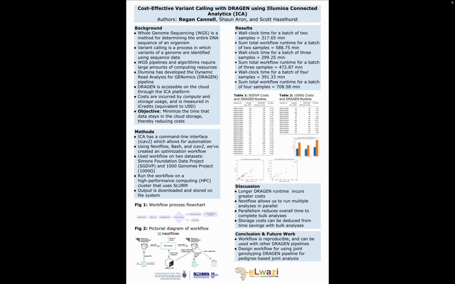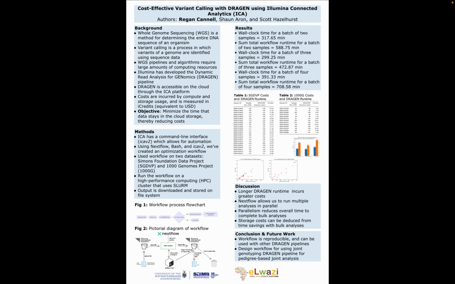And so we see from our table and graph that the relationship between the DRAGEN runtime, so how long the analysis took, and the number of iCredits spent is, as expected, that it increases. The longer the DRAGEN runtime, the greater the iCredits used.